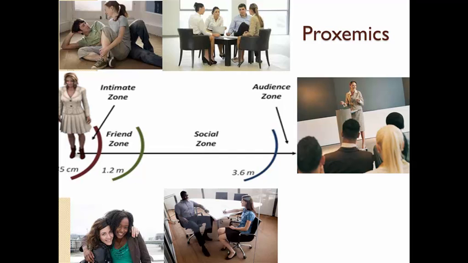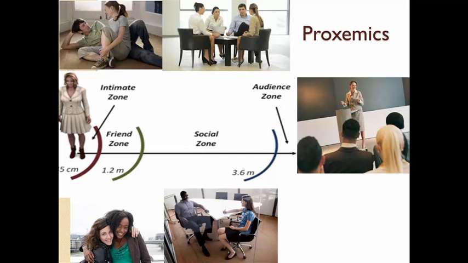Proxemics, how close do we want someone standing? How do we use space? And so I've tried to give you some examples. Intimate zone in the top, friend or intimate zone in the bottom. We see a couple different social and professional zones and audience zone, and you can see how the space increases.